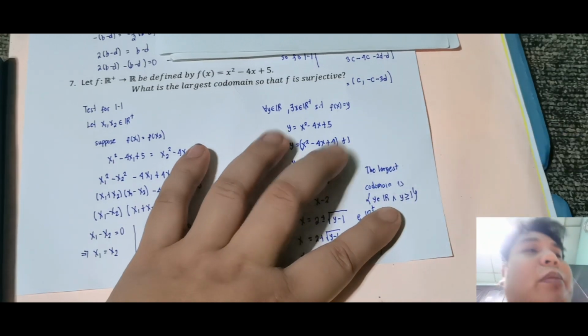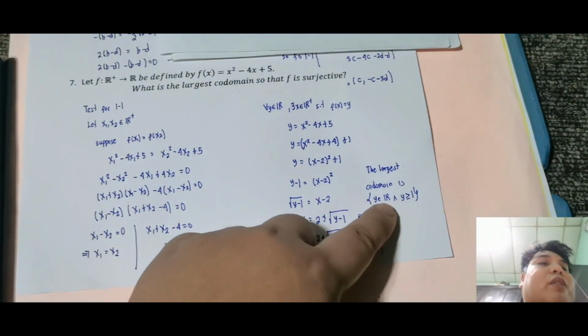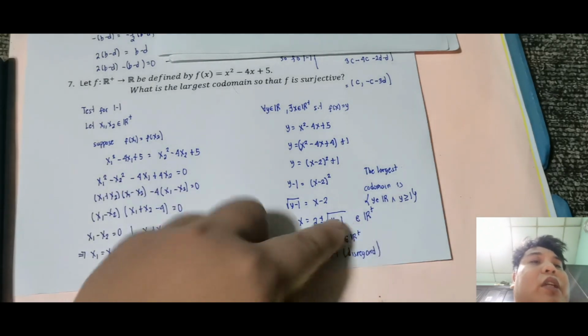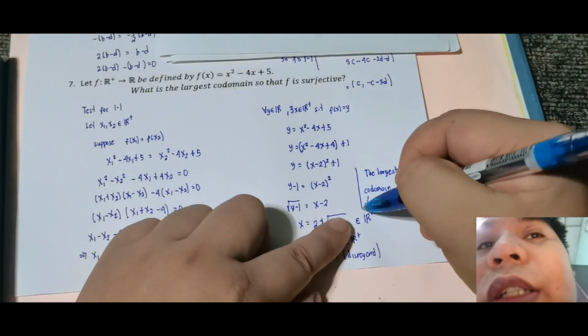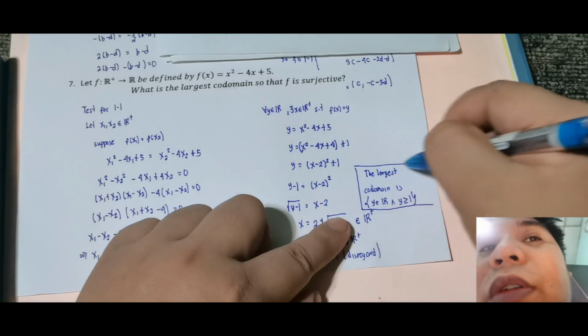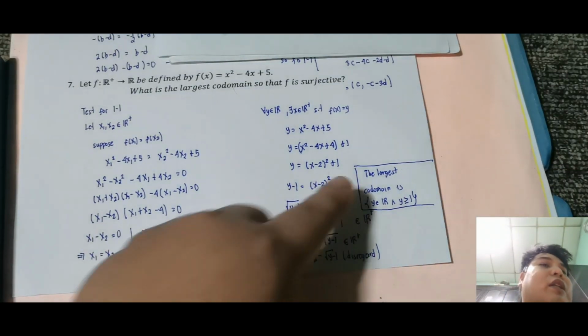Ito siguro, in terms of set. Y element na real number such that y is greater than or equal to 1. Kasi yun yung largest codomain na kailangan natin. So, ibabox ko na yun dyan. So, therefore, f is surjective pag ganyan yung pinag-usapan.